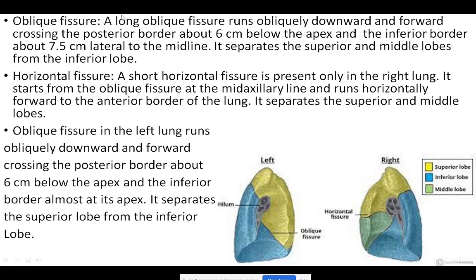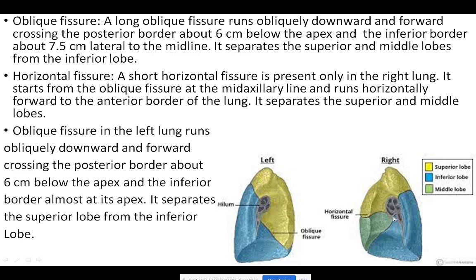What is the oblique fissure? A long oblique fissure runs obliquely downward. This one, oblique fissure.